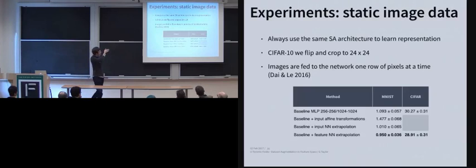So we've tested this also on MNIST and CIFAR, where we use an MLP trained on top of the context vectors that have been extrapolated in feature space. Again, we see a benefit versus doing input affine transformations on MNIST.